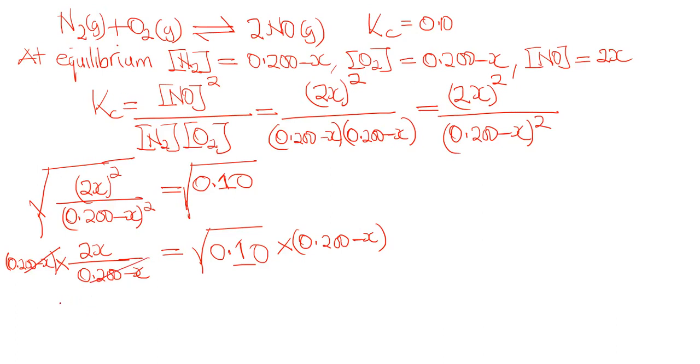So your 2x will be equal to the square root of 0.10 times 0.200 minus x times the square root of 0.10.